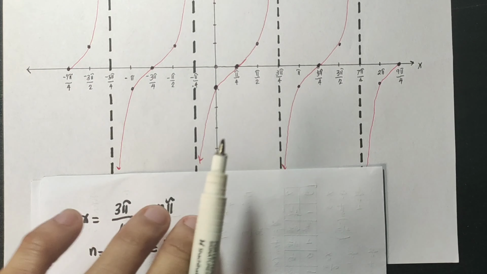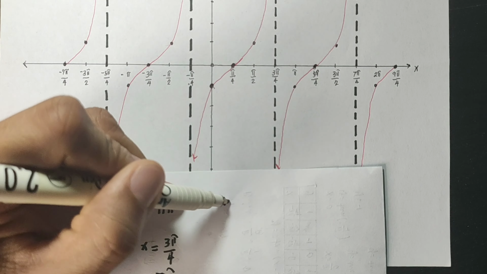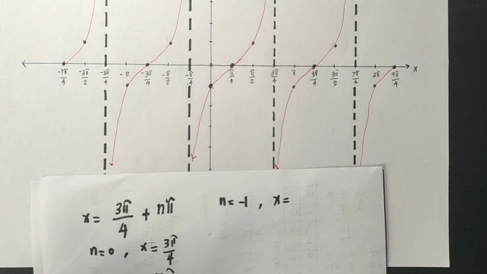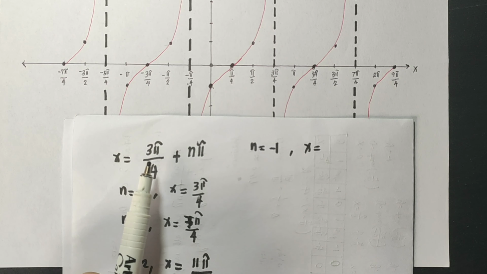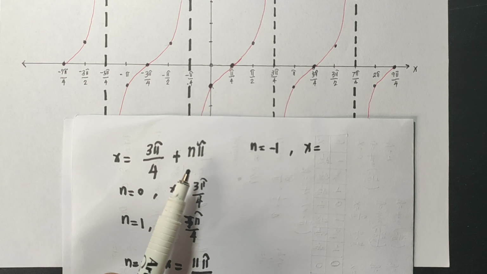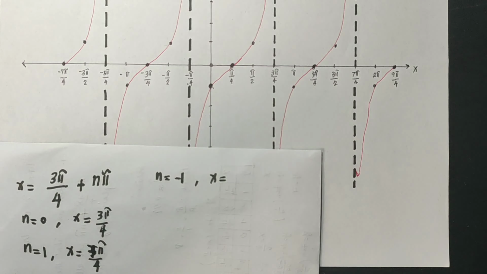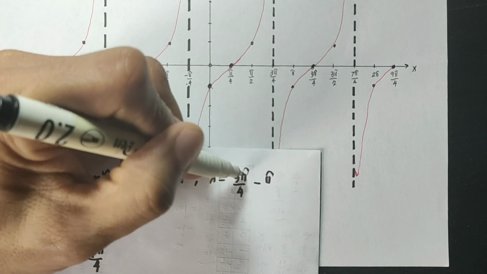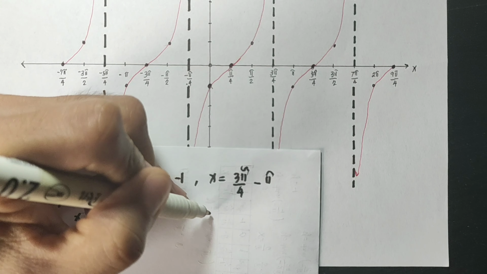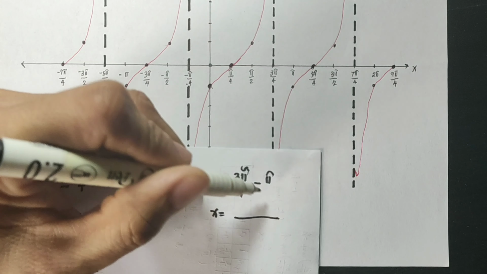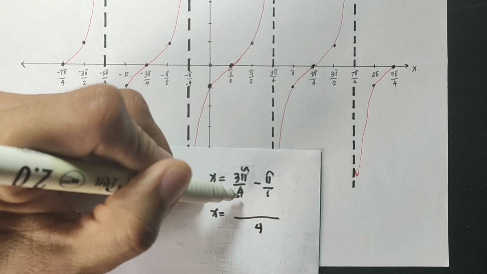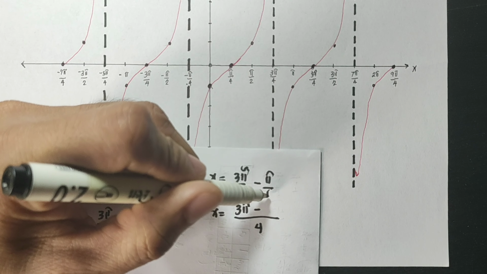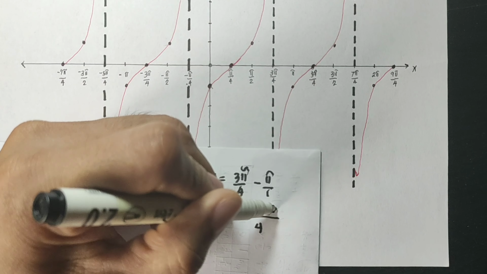Going backward, when n is negative 1, x equals 3 pi over 4 minus pi. So what will happen? The LCD is 4: 4 divided by 4 is 1 times 3 pi, that is 3 pi, minus 4 divided by 1 is 4 times pi is 4 pi.